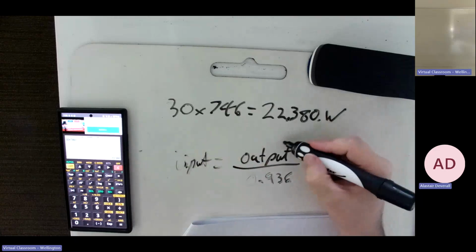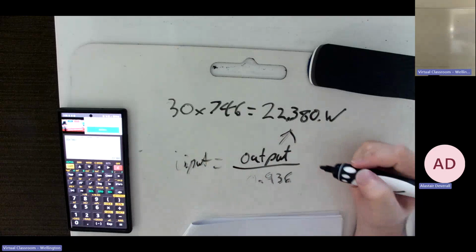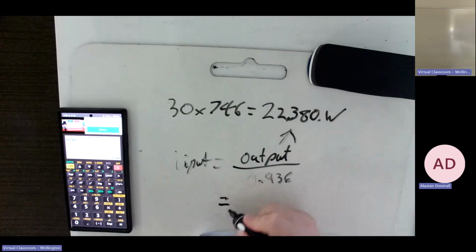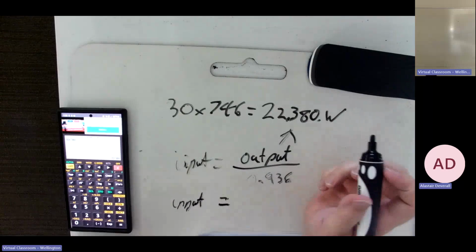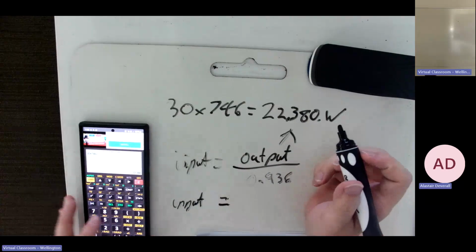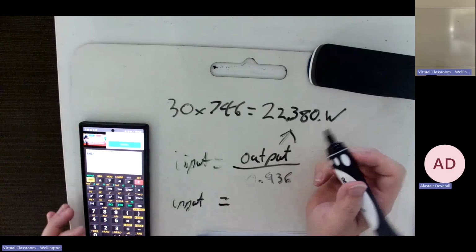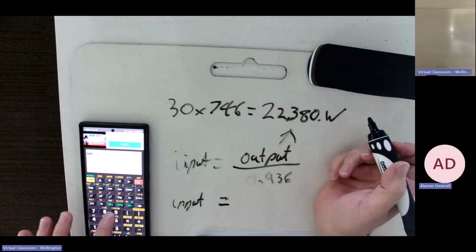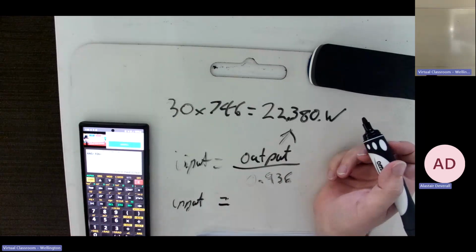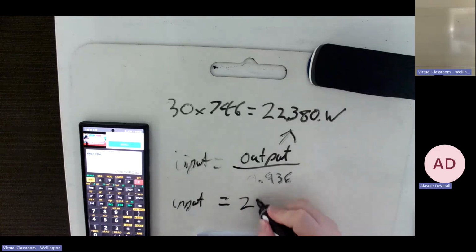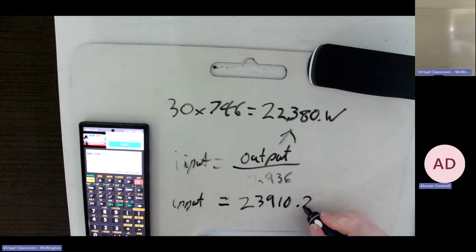Now, our output is from there, and our 0.936 is going to stay the same. So input equals, and we've already got our value saved on the calculator, so we just divide that by 0.936, and that will give us 23910.26 watts.